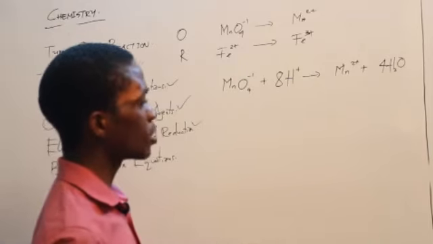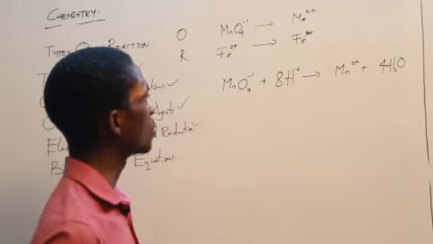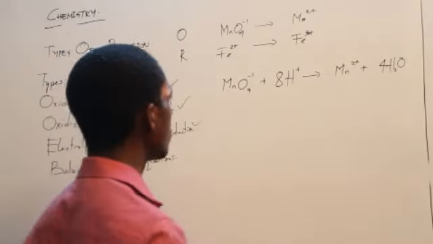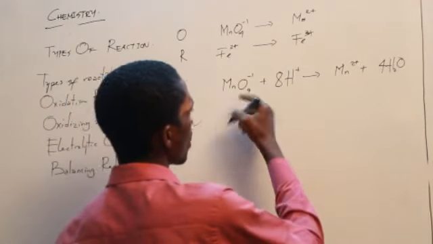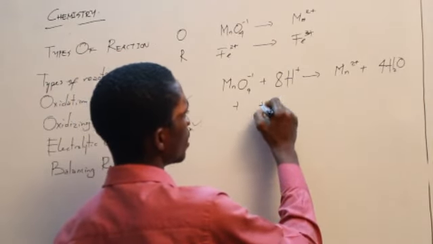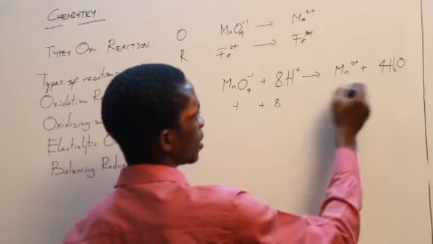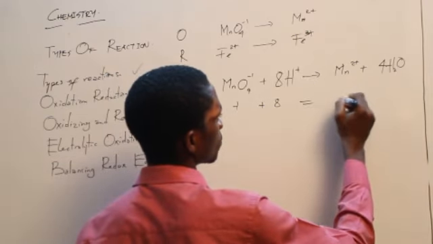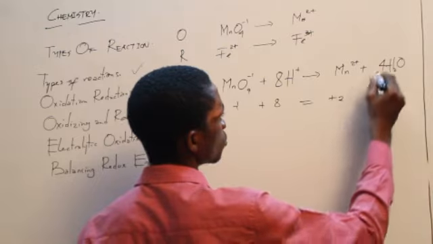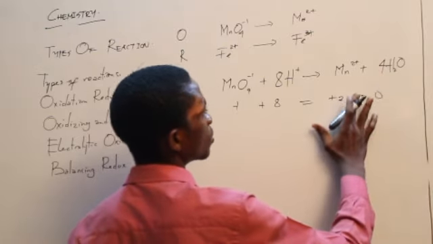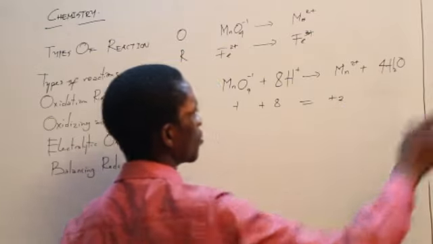If we consider the electrons in the entire system, we'll notice that here we're having -1, here we're having +8, because +1 times 8, and here we're having +2 +0. So since this is balanced, we can forget about it.